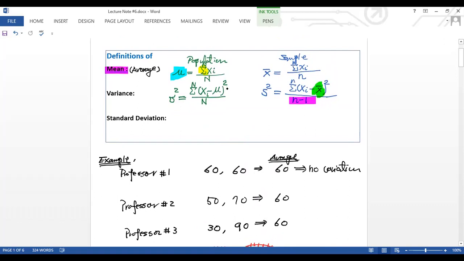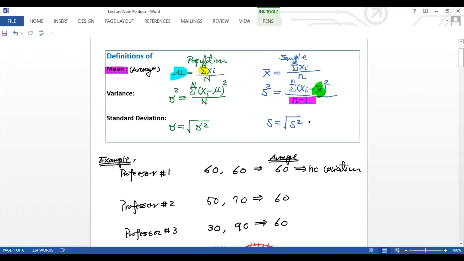The standard deviation is just the square root of sigma square, and likewise for the sample, the square root of S square.